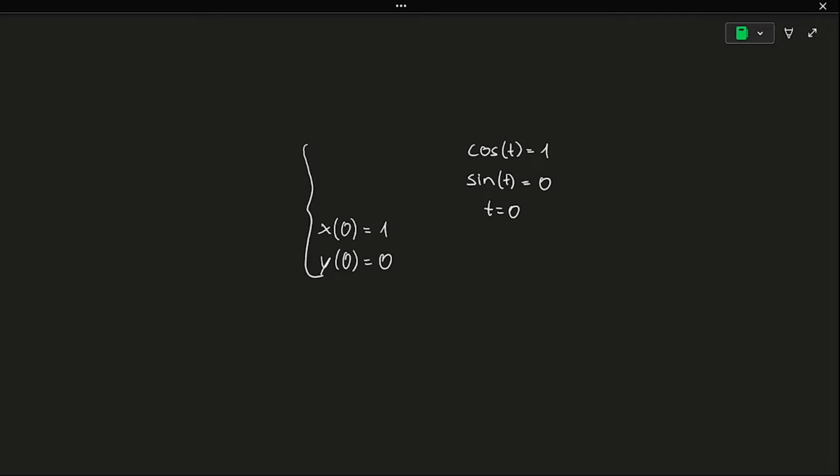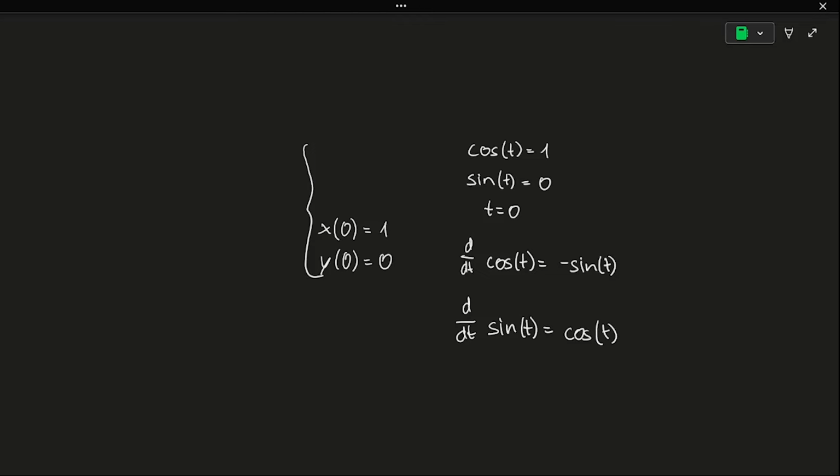Now, since the solution of the CIVP should give us cosine and sine, and we know that the derivatives of cosine and sine are coupled, let us just write down their derivatives. So d dt of cosine of t is equal to minus sine of t, and d dt of sine of t is equal to cosine of t.